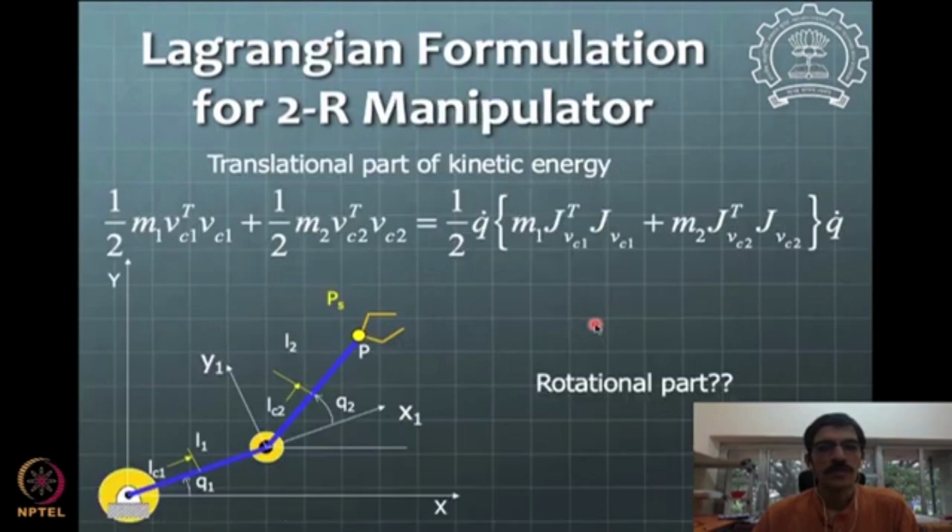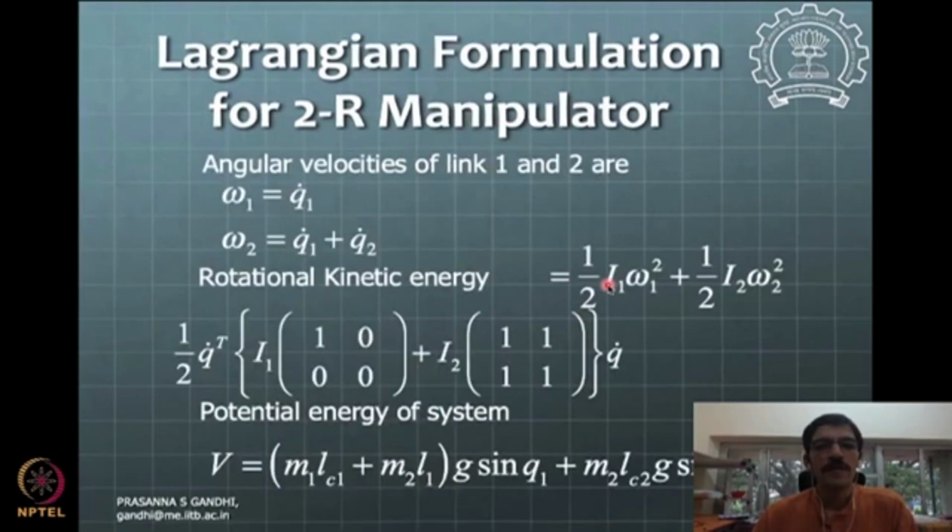That's how you then develop the kinetic energy in the Jacobian form, and further you get a rotational part added to it. This rotational part is based on the angular velocities of links 1 and 2. You add that, and here they are added in a form which can be a matrix multiplication representation.